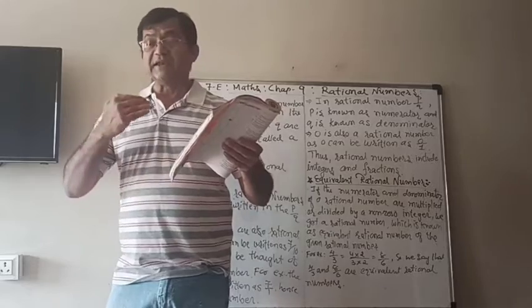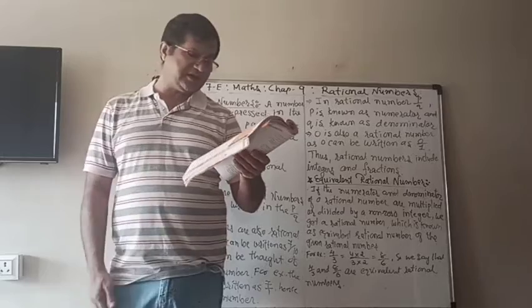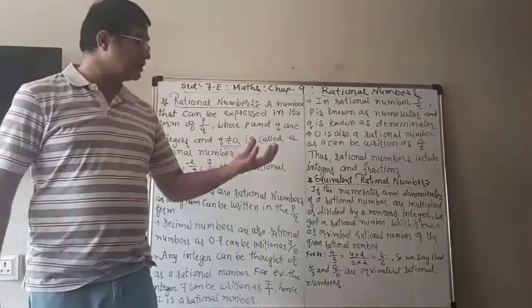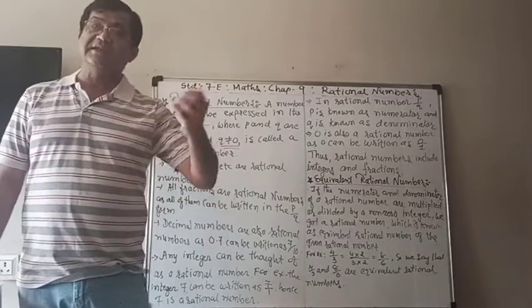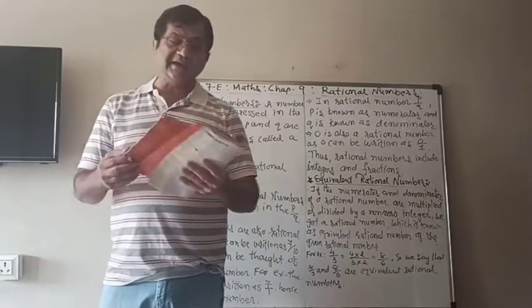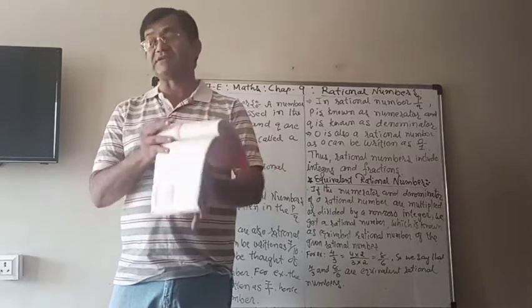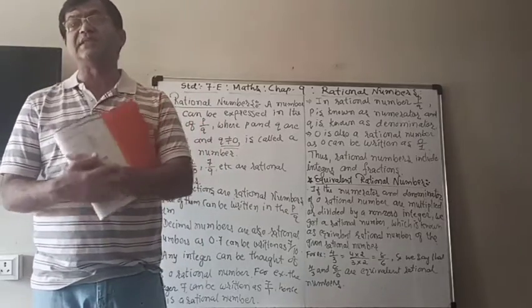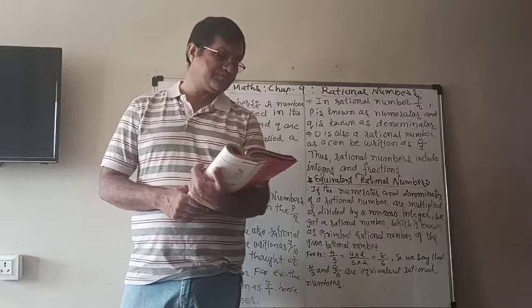So we need to extend our number system so that we can include that type of numbers like 3 by 4, 7 upon 5, 9 upon 2, etc. And then the idea of rational number came into existence, because we need this type of numbers in so many situations in our life.